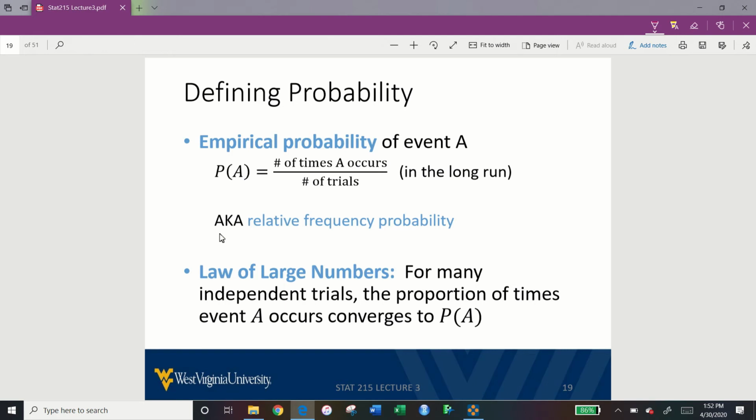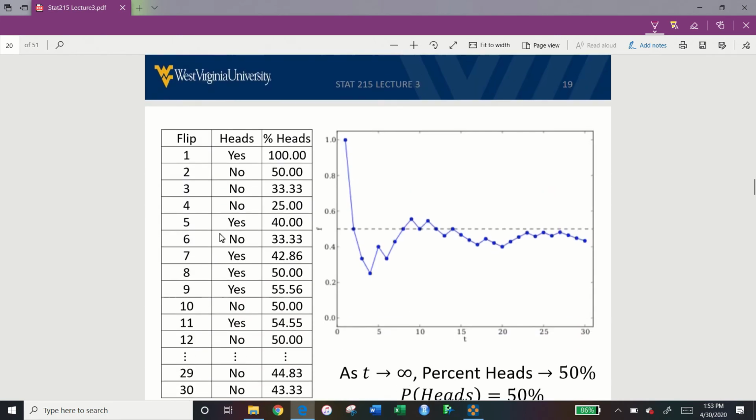This is a formula that you're definitely going to want to memorize if you haven't already. Now, something that might be a little new to you is something called the law of large numbers. For many independent trials, the proportion of times event A occurs will converge to its probability of A.